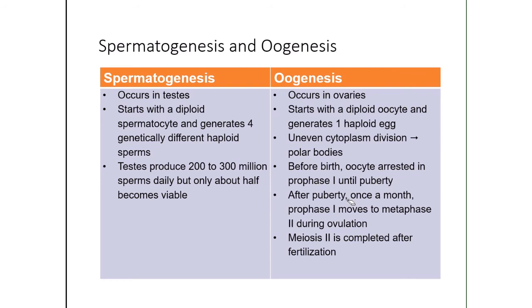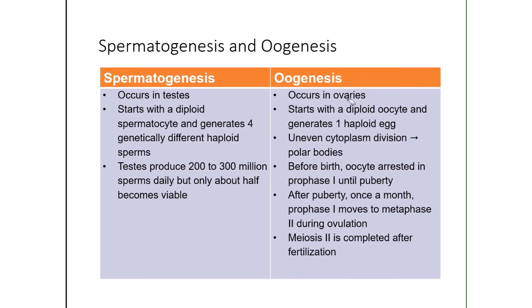After puberty, once a month, one of those suspended eggs or cells at this point is going to progress from prophase 1 all the way to metaphase 2 during ovulation. Okay, and if fertilization does not happen, then that's it. The egg's going to disintegrate and pass out as part of the menses. However, if fertilization takes place, then meiosis 2 will be completed after fertilization.